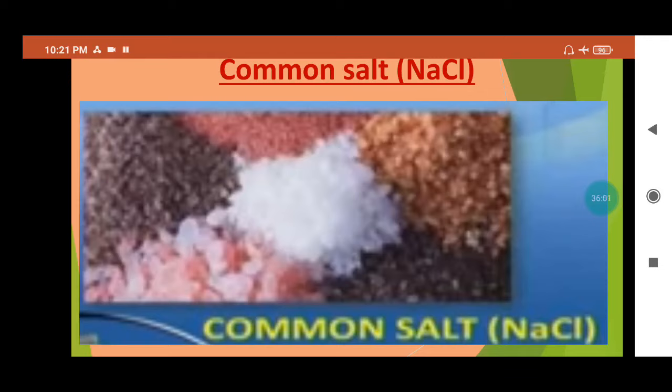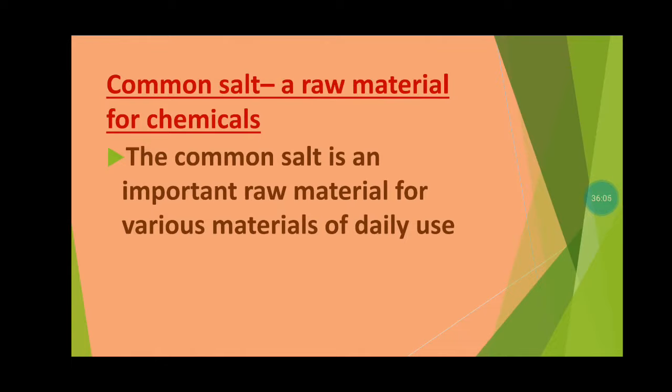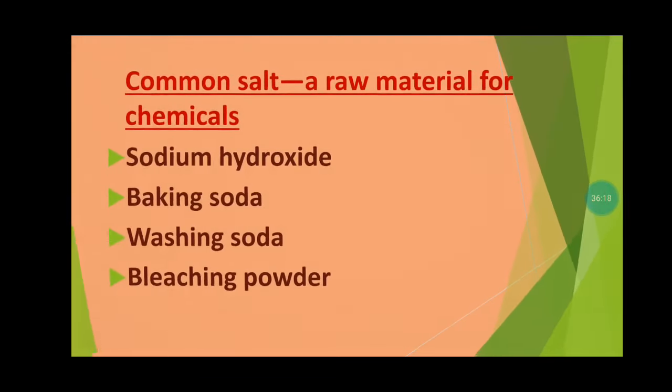Now let us see, children. Common salt is a raw material for various chemicals. Sodium hydroxide, baking soda, washing soda, and bleaching powder can also be prepared from common salt.